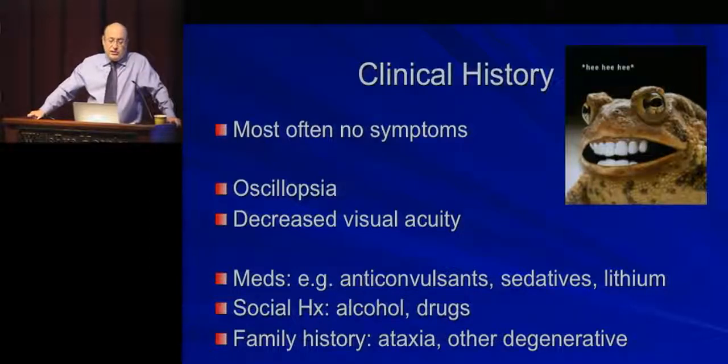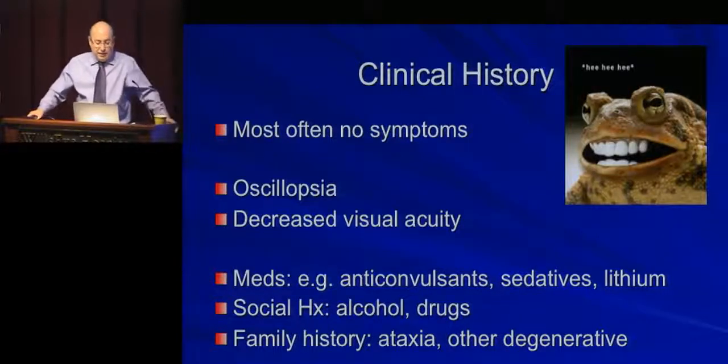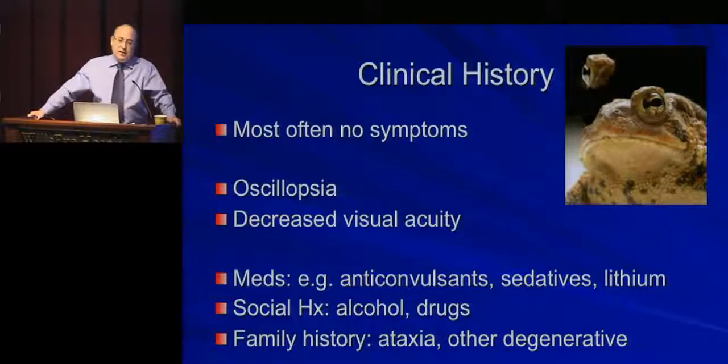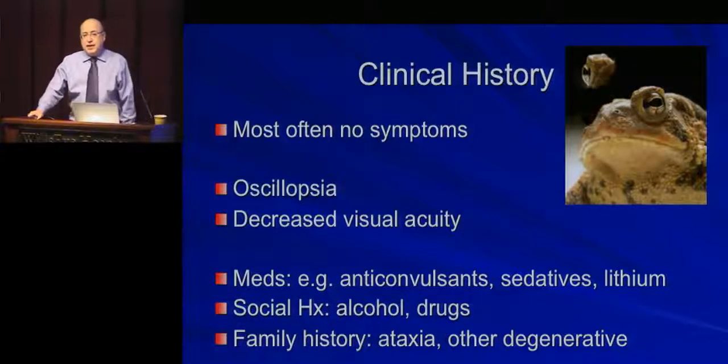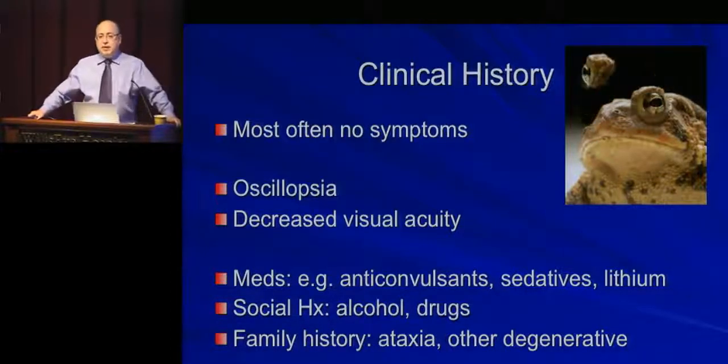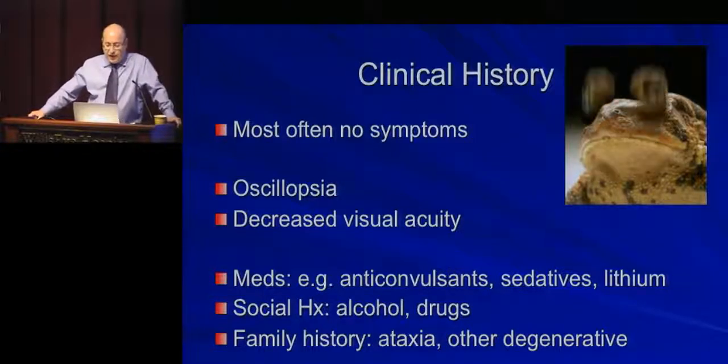Now, you also want to take a history of whether they are on medications, because a lot of medications, particularly the sedatives, hypnotics, and anticonvulsants, will cause nystagmus. You want to know about lithium. You want to know if they use a lot of alcohol or drugs, because that causes nystagmus. You want to know about a family history, because a lot of people with nystagmus have a family history of cerebellar ataxia, and so you make a diagnosis that way.